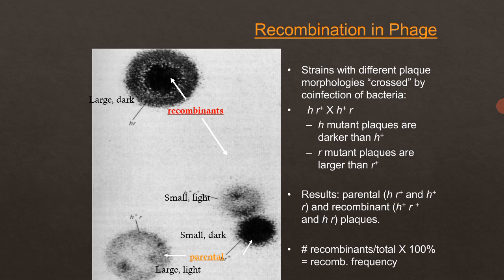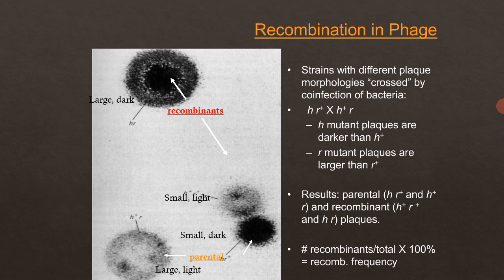Now we can check this recombination frequency. We can determine it with the formula: recombinants obtained upon the total, into 100. By this way, we can calculate the recombination frequency. So in this case, how many recombinants did we get? 2.